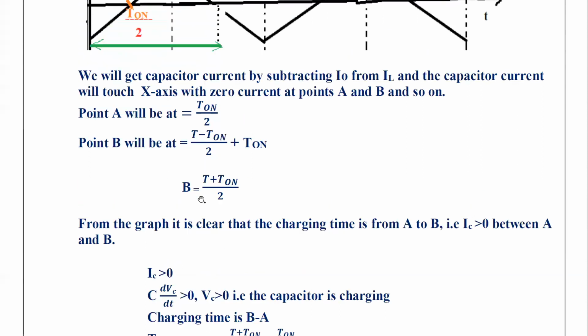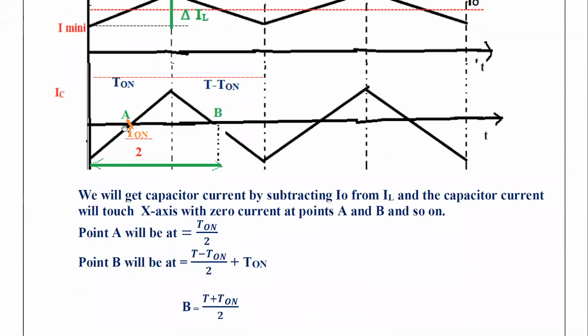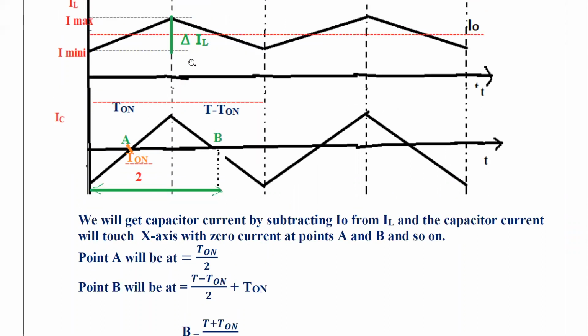So it is a triangular waveform, half into base into height. The base is T by 2 and the height is delta IL by 2.